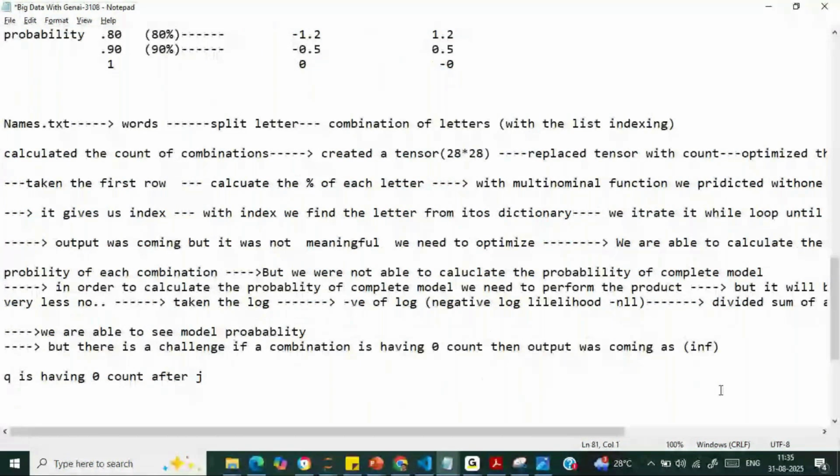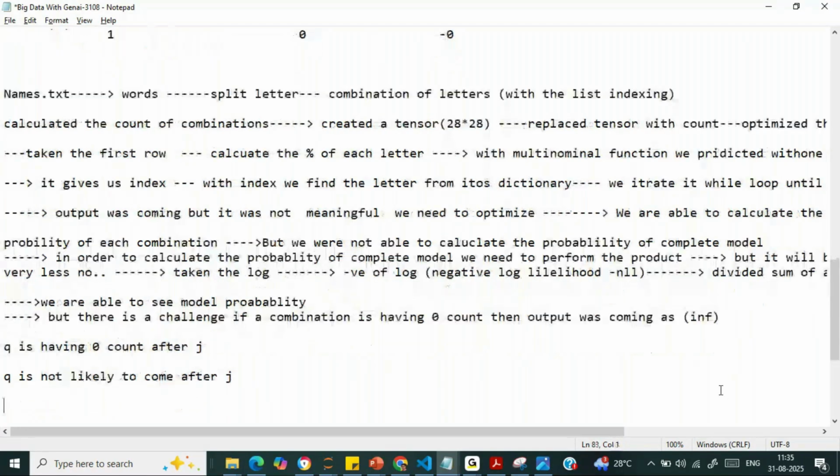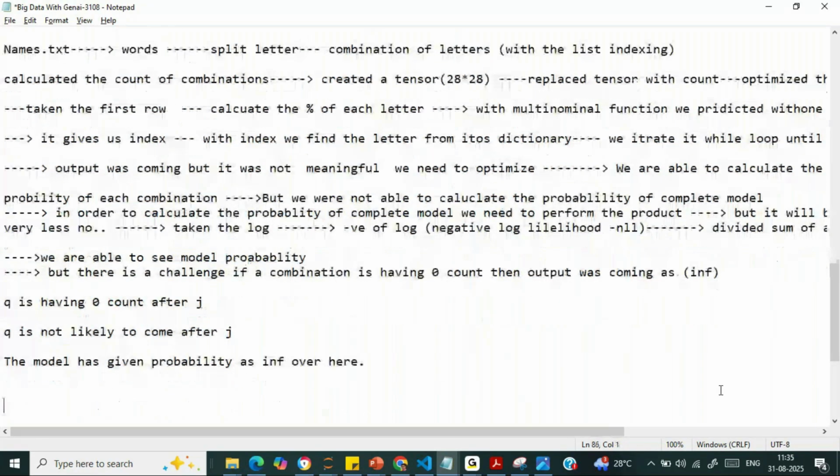So q is not likely to come after j, and the model has given the probability as infinity over here. So how have we optimized this?